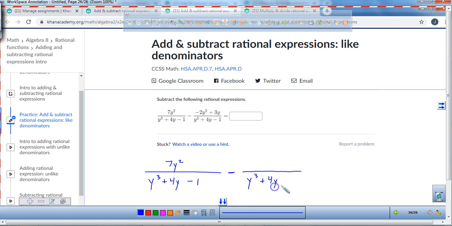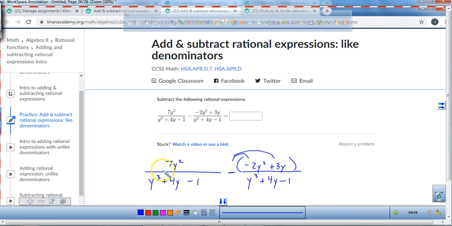Alright, so there's more than one way to tackle this, and I'll explain to you what I like to do. Now when you have to take this away, basically what you're doing right here is you have to take away every single one of these. So what I like to do is apply that negative to each term in the numerator.